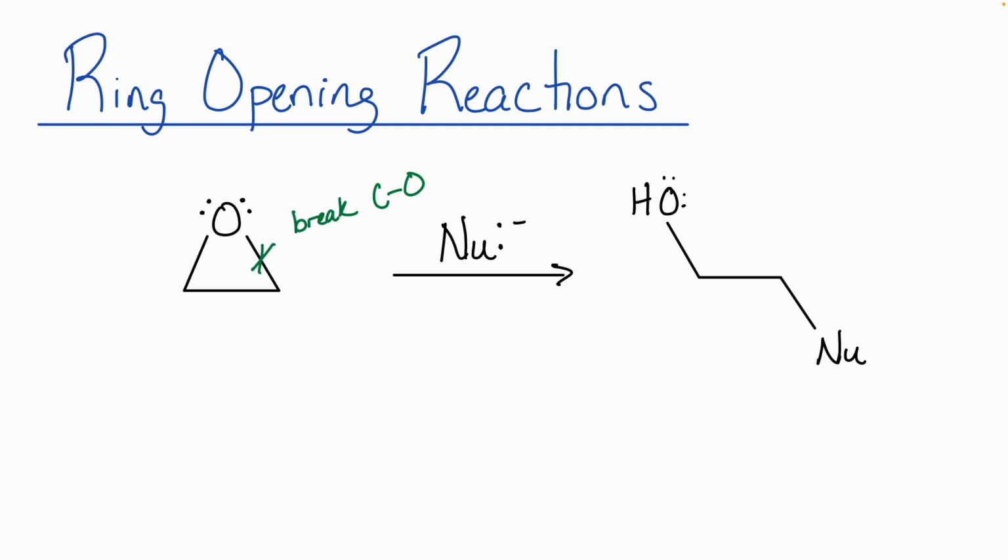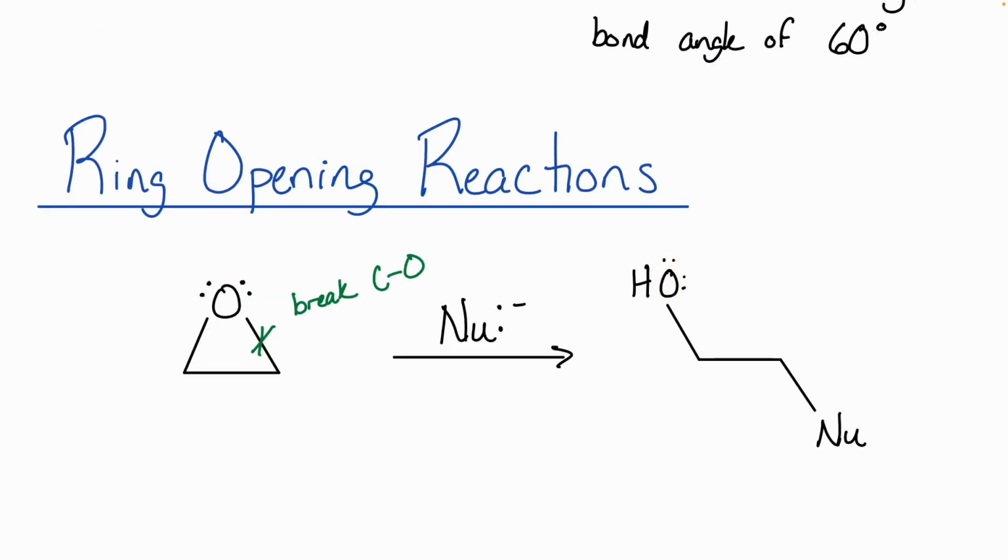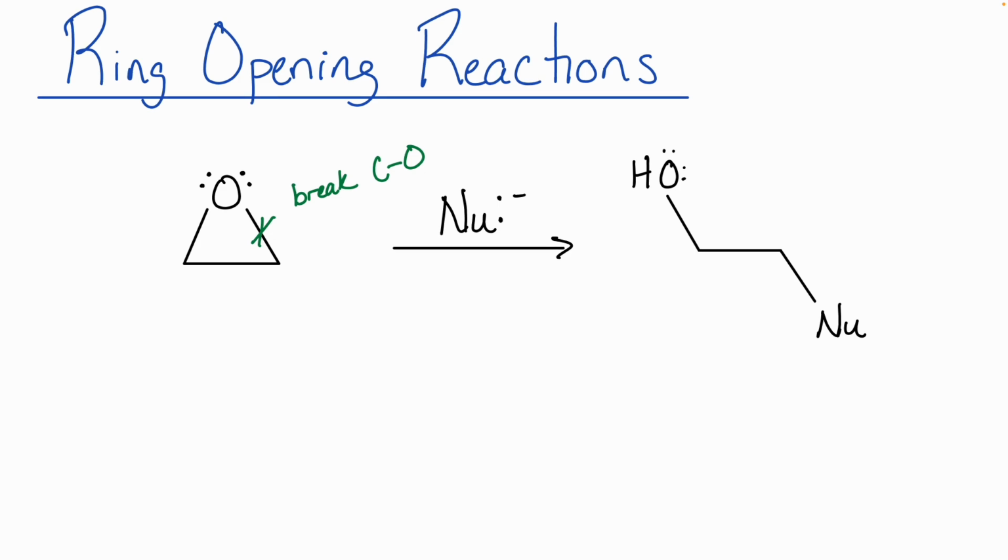First of all, we're always going to get this alcohol functional group in our product. We get this hydroxyl group. To be clear, that hydroxyl oxygen was my oxygen in my epoxide. Another signature of these epoxide reactions: let's note we have two carbons in our ring. We're going to color one of them red and one of them blue.